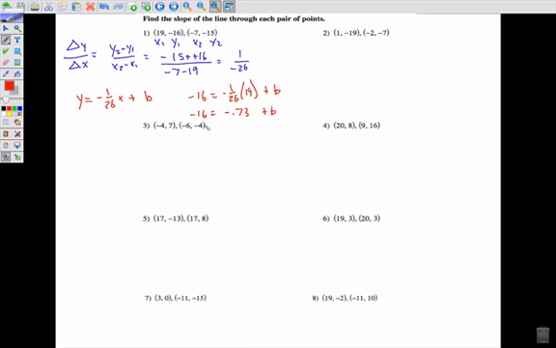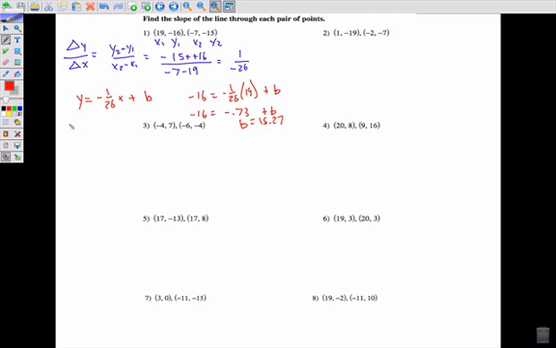So I add negative 7.3 to negative 16, add that on both sides, and I should get b is 15.27.